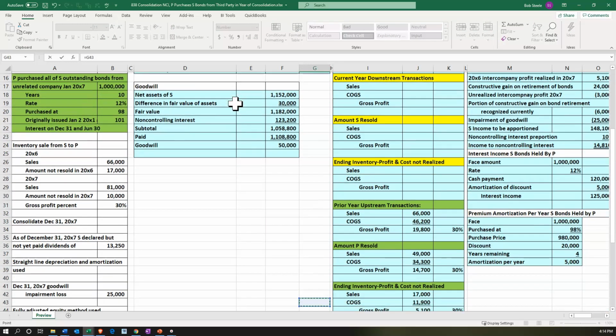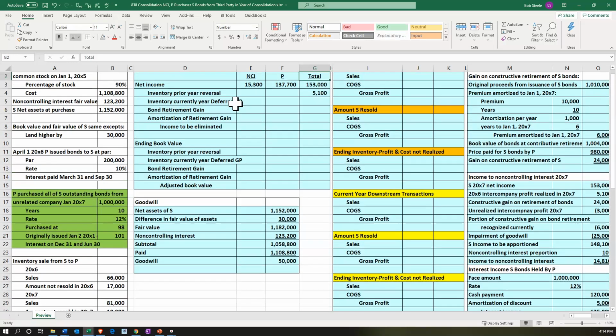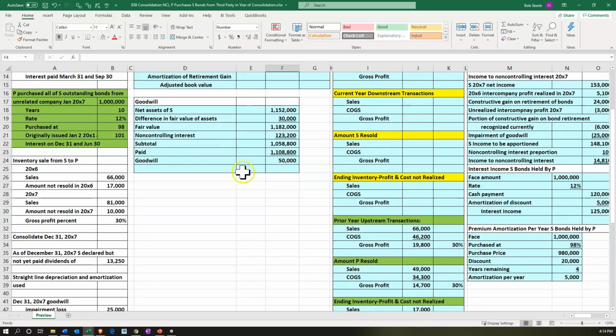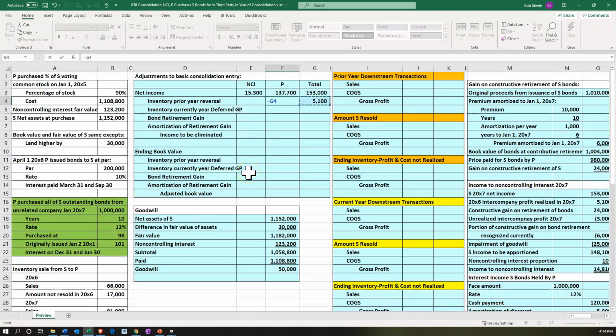Let's pick up that 5,100. Because it was an upstream transaction, I break it out between the 90 and the 10, controlling and non-controlling interest: 5,100 times the 90%, and 5,100 times 1 minus the 90%, or 10%.